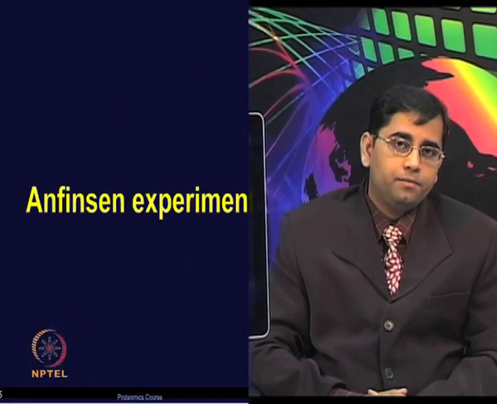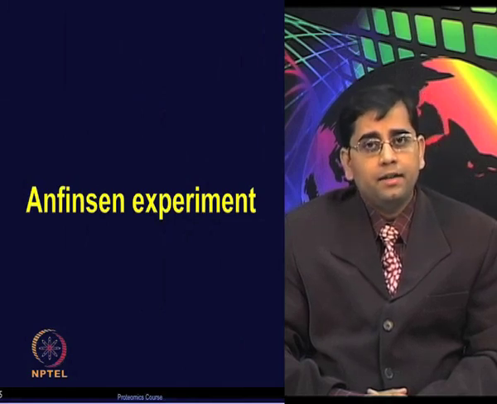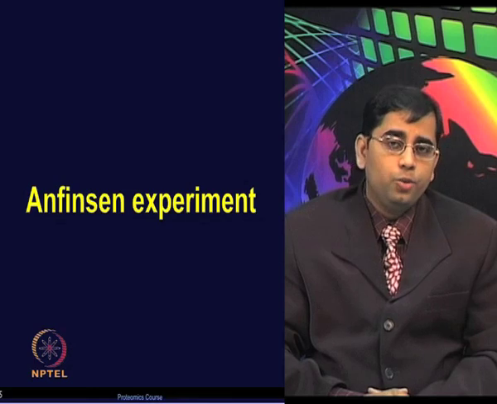The scientist Anfinsen did a classical experiment where he tested the ability of reduced and unfolded proteins to spontaneously fold into the native state by using the protein ribonuclease A. The experiment established that the primary amino acid sequence of a protein contains all the information required for proper protein folding into its native form.